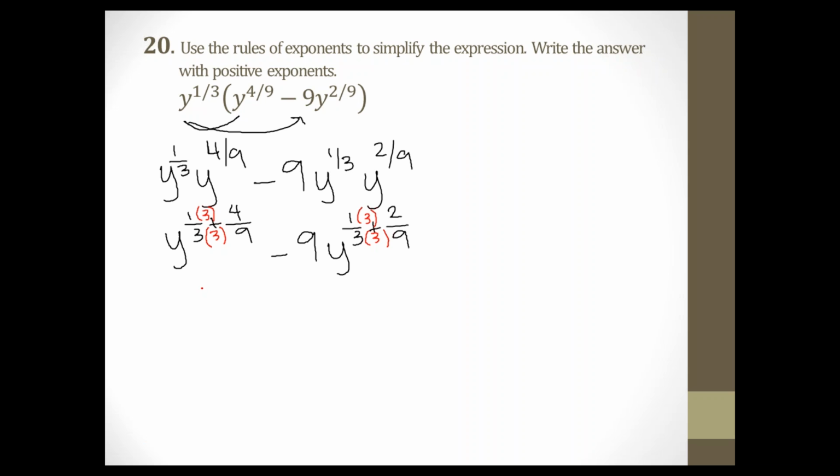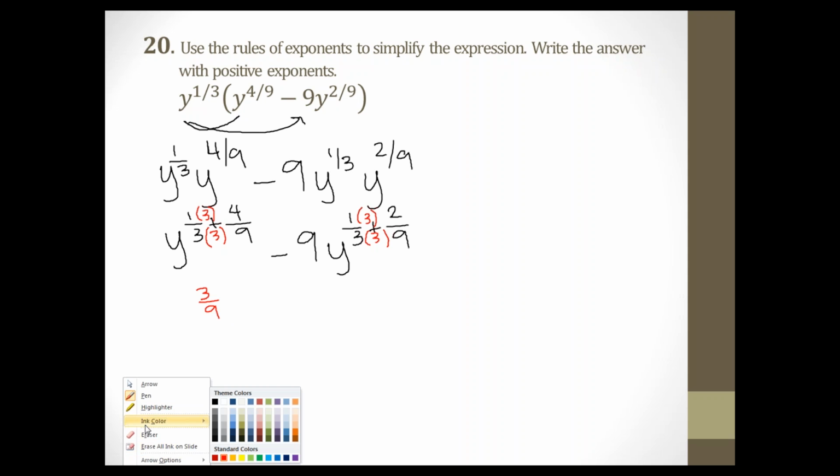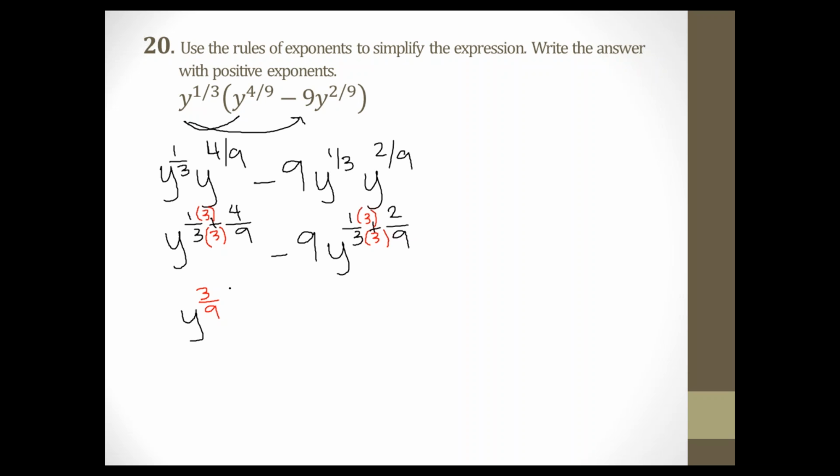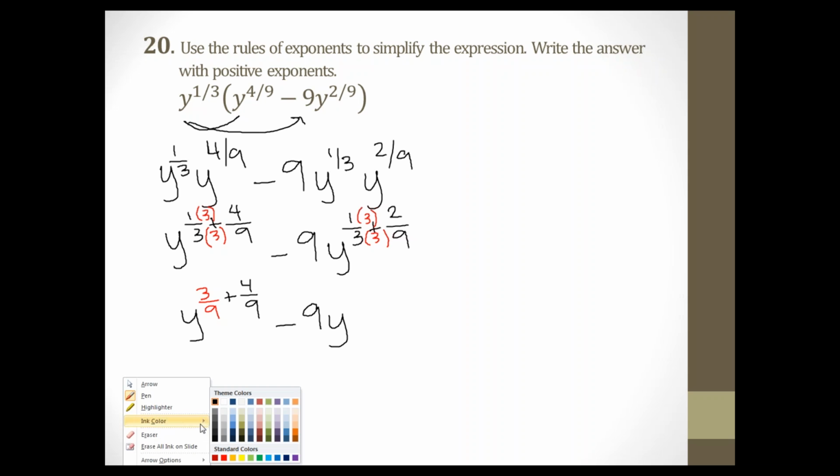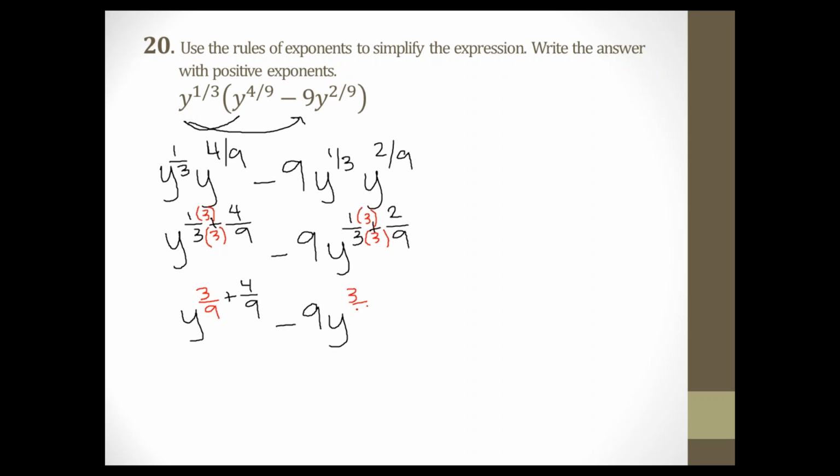So that's going to give me 3 over 9 is my first exponent. So that's y to the 3 over 9 plus 4 over 9 minus 9 times y to the 3 over 9 and then plus 2 over 9.